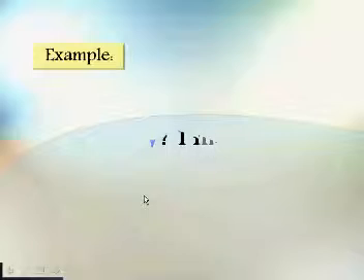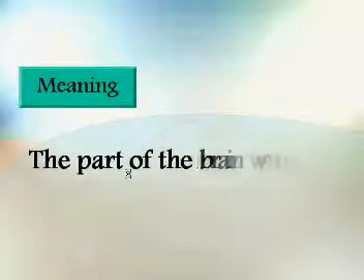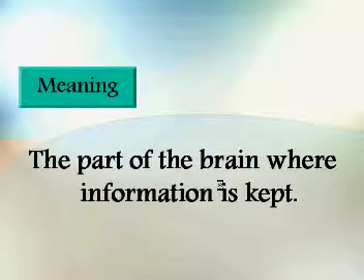Memory. It is the part of the brain where information is kept. Of course, the word memory has lots of meanings, but in this context, it only means the part of the brain where information is kept.